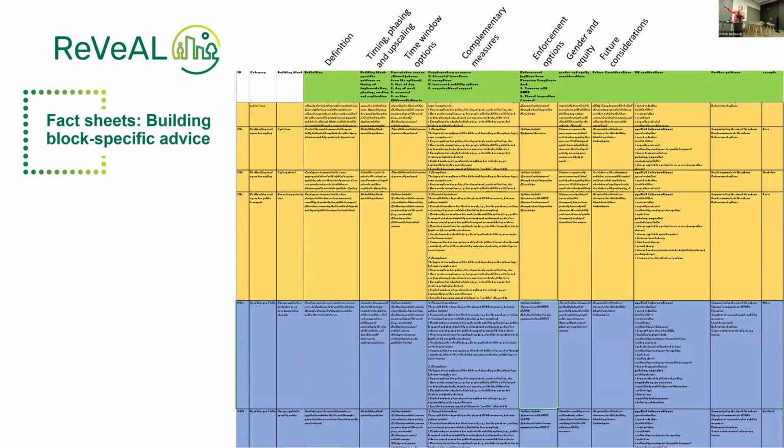We created this based on the expertise we have within the consortium, which was great. And also based on, as Sophia said, we had 18 case studies that we looked at in quite some depth. So taking those pieces of information together, we created this and put that information then into the fact sheet.